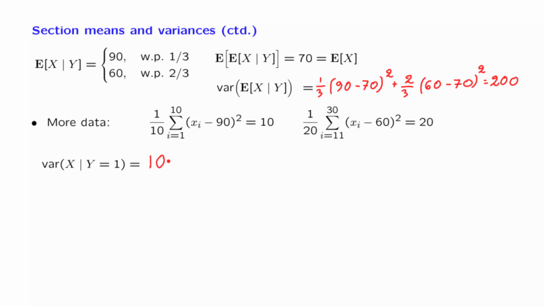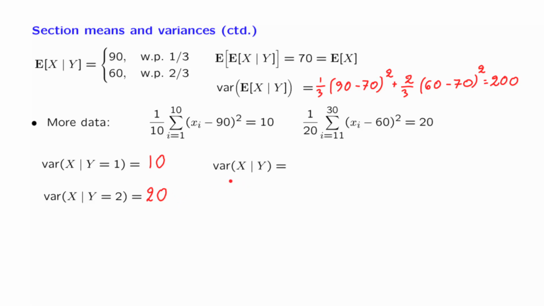It is the variance of the random variable, which is the score of a random student, given that we are selecting a student from the first section. For the second section, the story is similar. We're given this information, and this tells us the variance of the student scores within the second section.